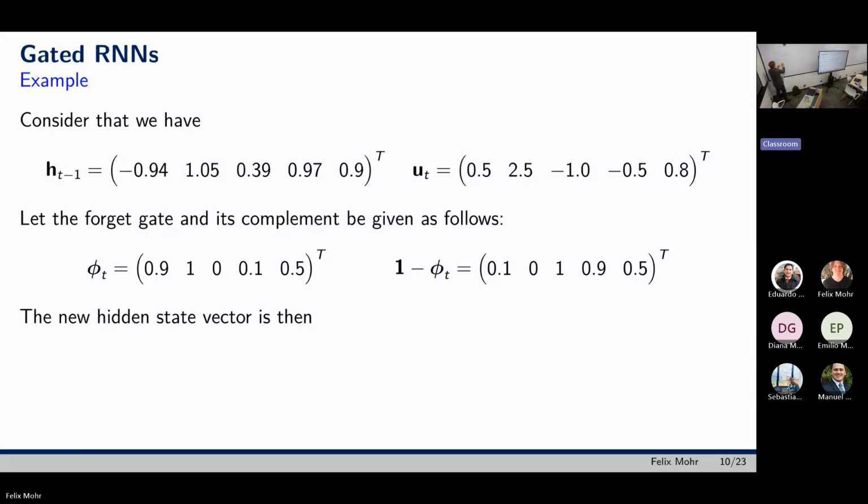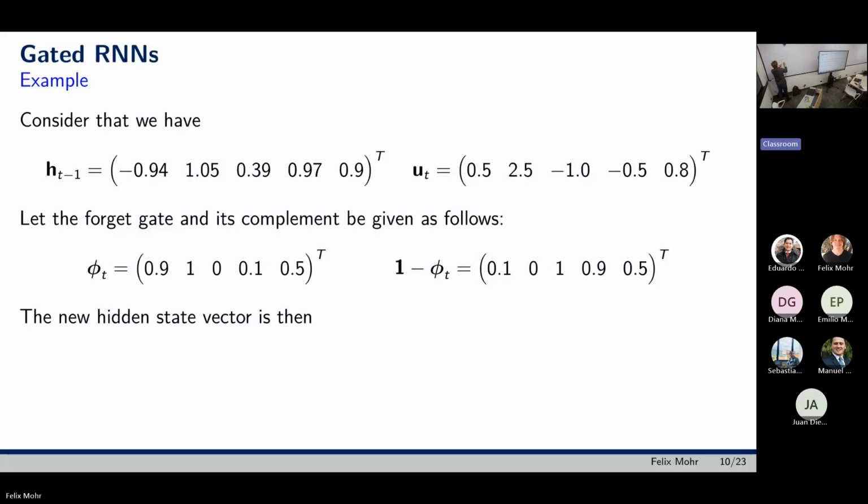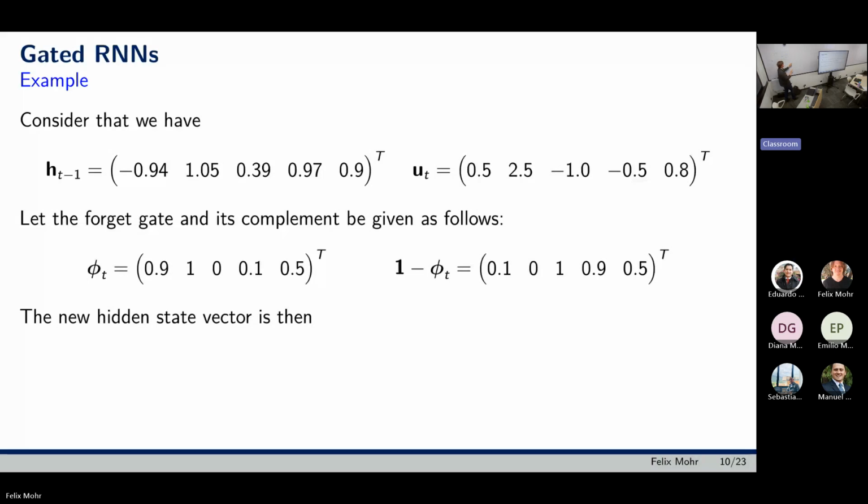Then we have 1 times the first entry, so 1 times 1.05, right? And so on. Then this needs to be added with this other vector. Here we have 0.1 times 0.5. The second entry is 0 times 2.5. And so on, and I have 3 entries more.